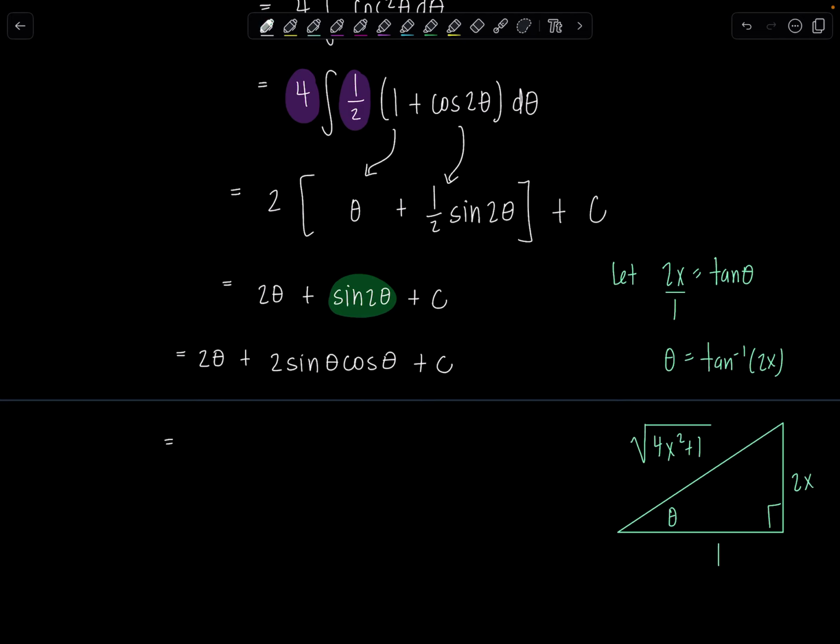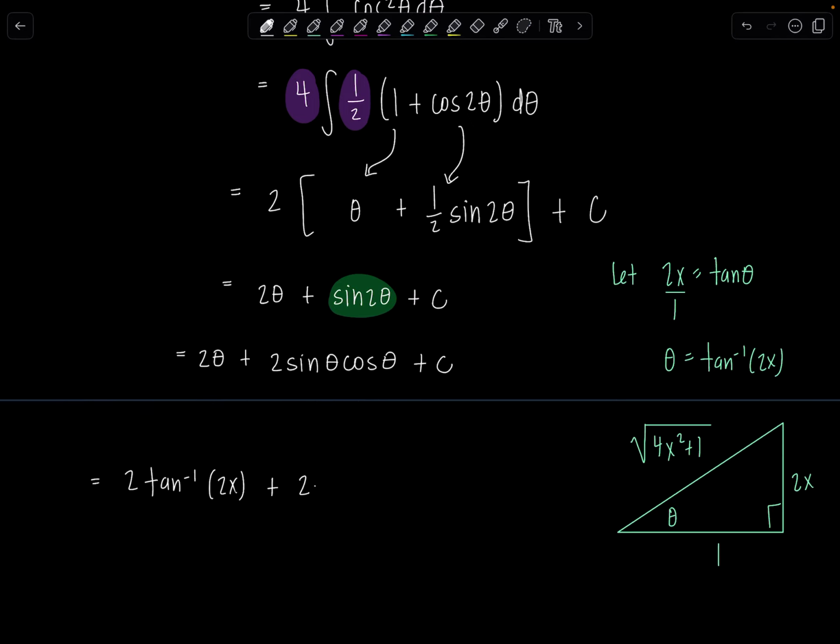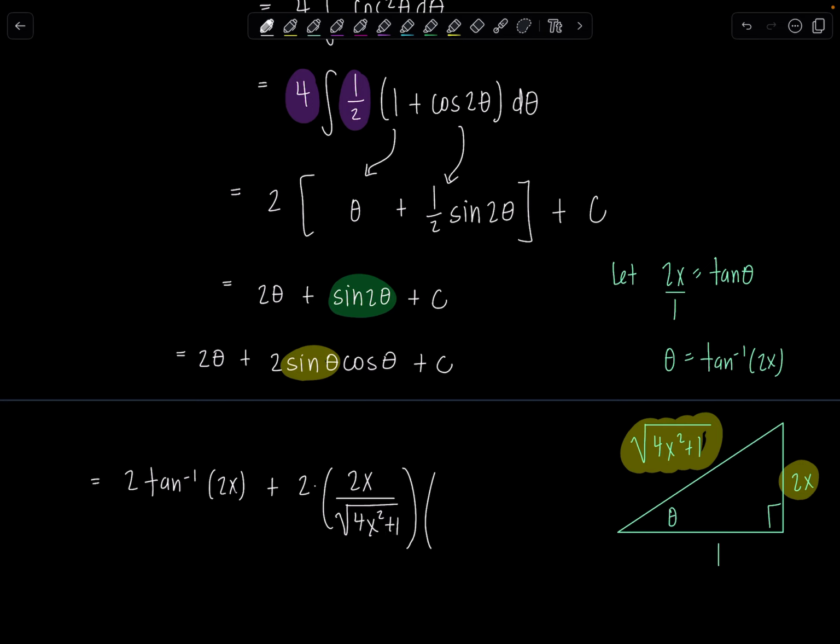So I've got 2 times tan inverse of 2x, plus 2 times sine theta, which is the ratio of the opposite side over the hypotenuse, so 2x over the square root of 4x squared plus 1, times cosine theta.